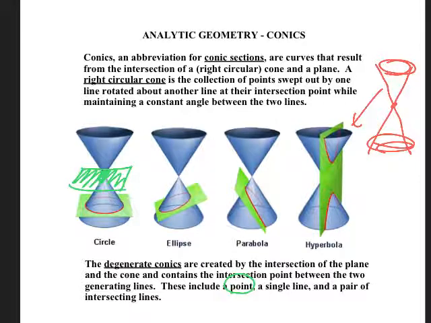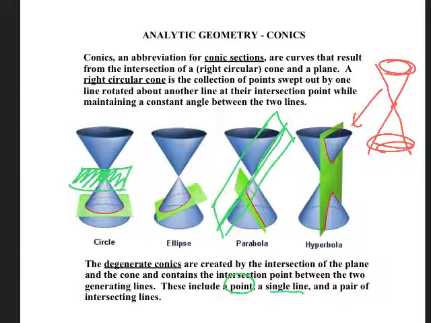If we take the plane and turn it so we're intersecting this double cone right here, the intersection, or the points in common, the cross section, is just a single line.